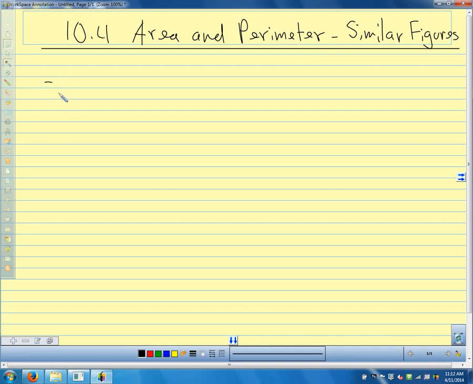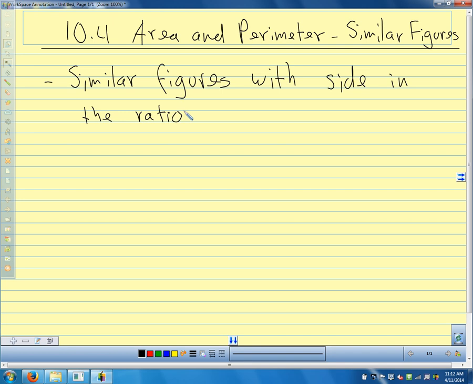So what we're going to say is, with two similar figures, we're going to make a ratio of their sides, with sides in the ratio A over B. So we're just making a fraction of their side lengths.